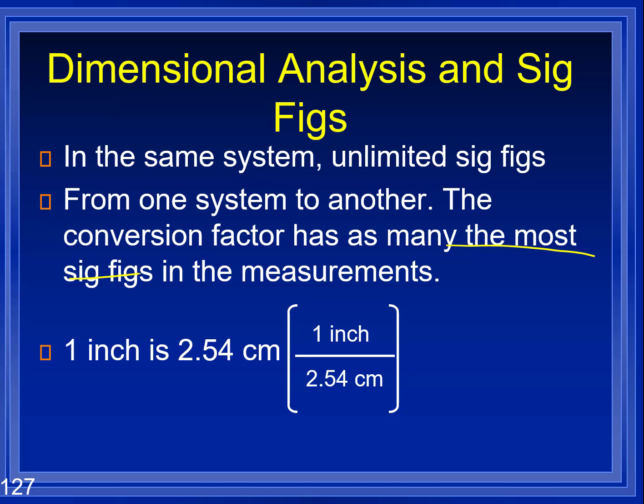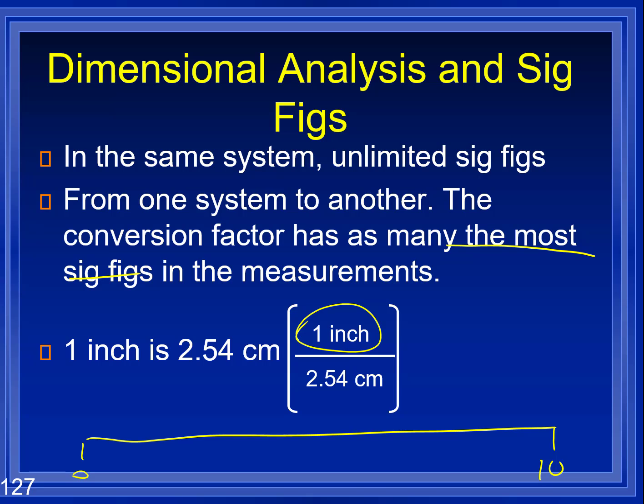When you look at this conversion factor in terms of significant figures, you're tempted to say the 1 inch has 1 sig fig and the 2.54 has 3 sig figs. That's what you're tempted to say. But let's think about what that means. If you say 1 inch has 1 sig fig, that means the first mark on your ruler is a 10.